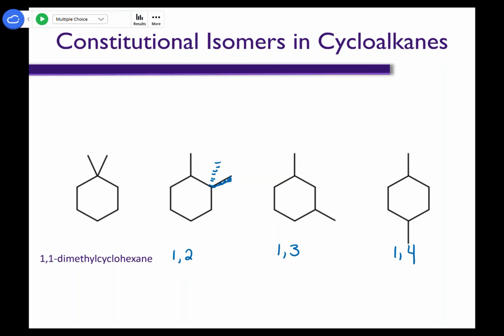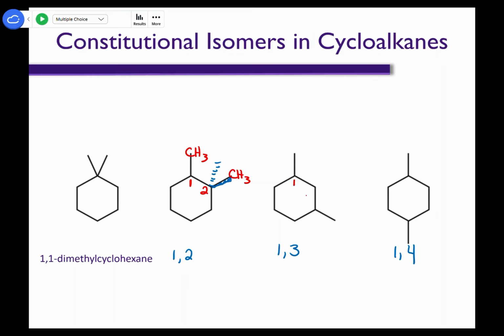We could have constitutional isomers or structural isomers. These are different because of their connectivity. So if we have a methyl group, this is a CH3 group coming off of carbon 1, and a methyl group, CH3, coming off of carbon 2, this would be one structural arrangement.